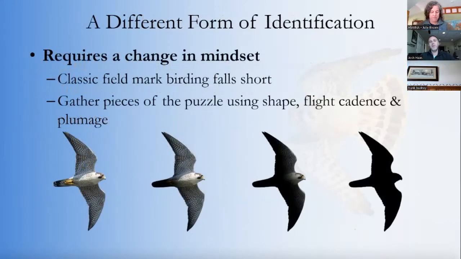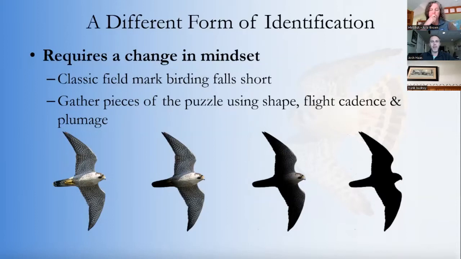Building upon that silhouette ID, you can see here, this is the same bird 4 times. On the extreme left might represent what we see in a city environment in the early morning or end of the day where the lighting's good, the birds are close, and we can see all this great field mark identification. But on the extreme right, you see it's a pure silhouette.